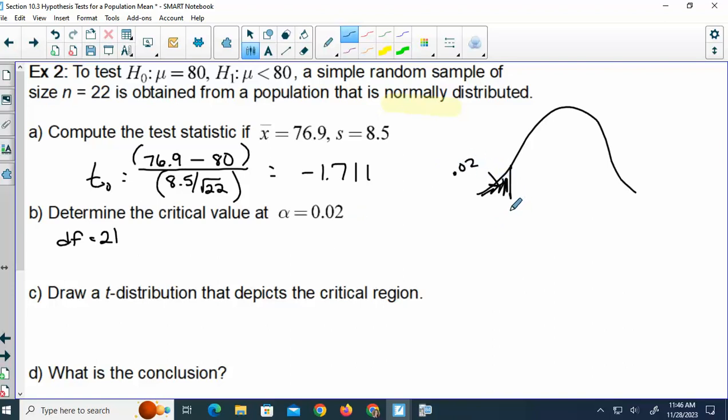So we need to find this t value that matches it. So we go to our table, 0.02, 21 degrees of freedom. And then how do I show that it's to the left? Negative. So t equals negative 2.189.